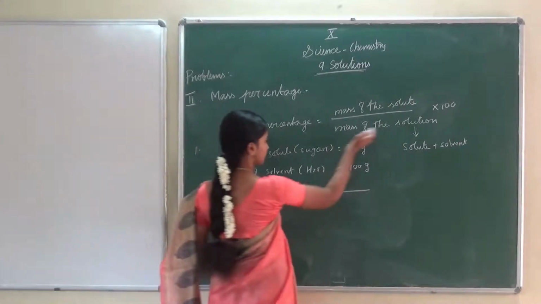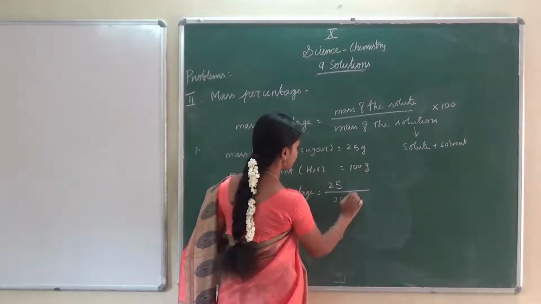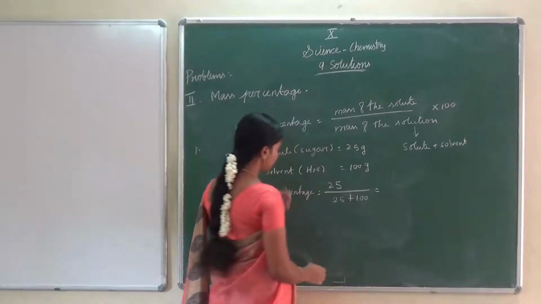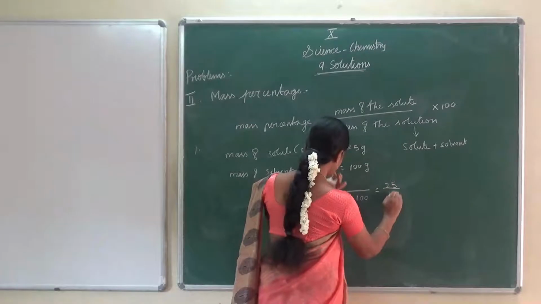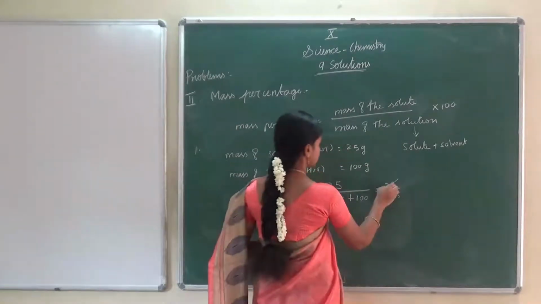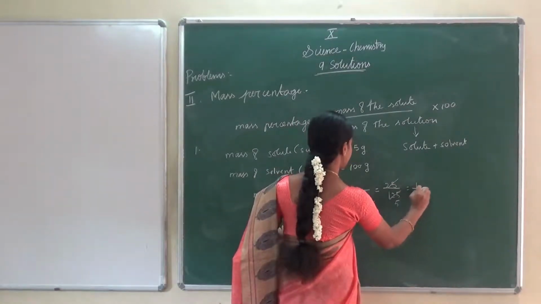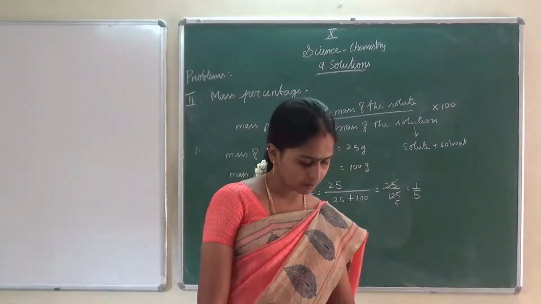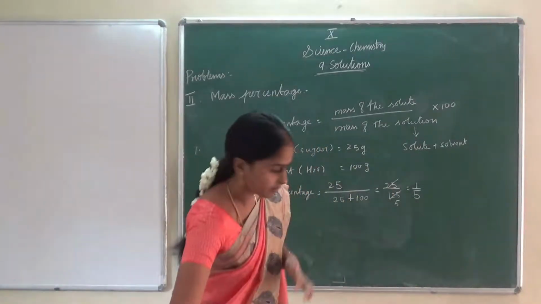Okay, so here mass of the solution, now we can write as mass of the solute 25 gram plus mass of the solvent 100 gram. So when you add and divide this, you will get 25 divided by 125, so 1 by 5. In your book, here we have to multiply by 100.